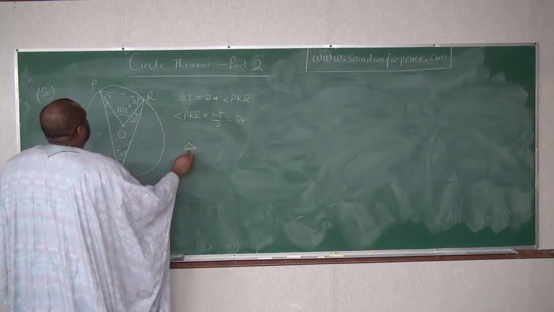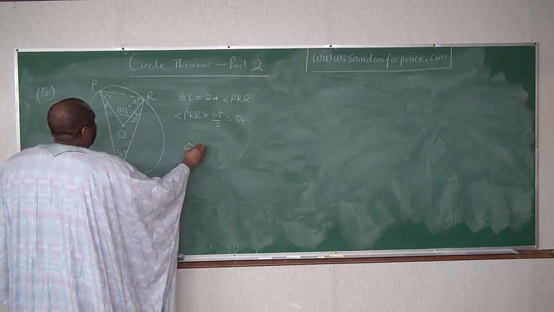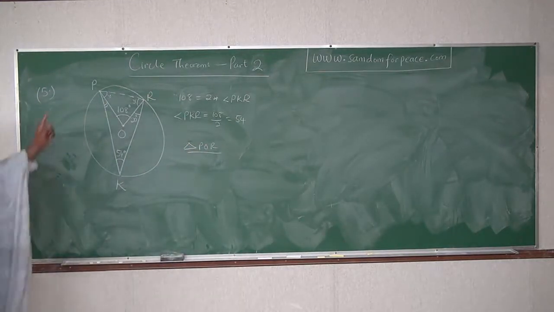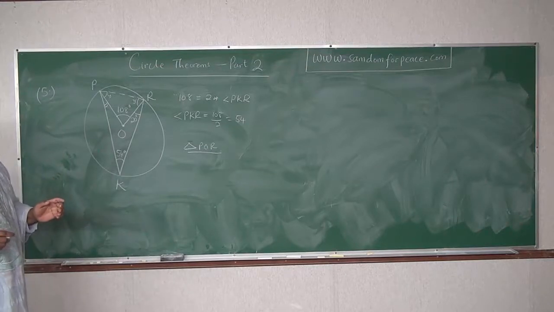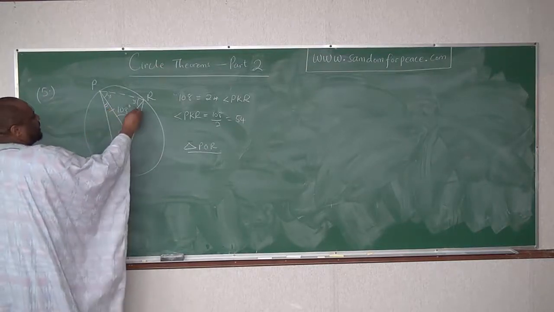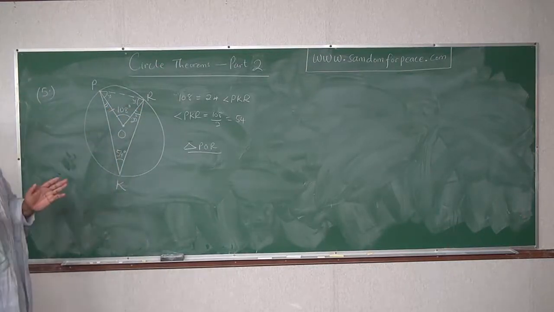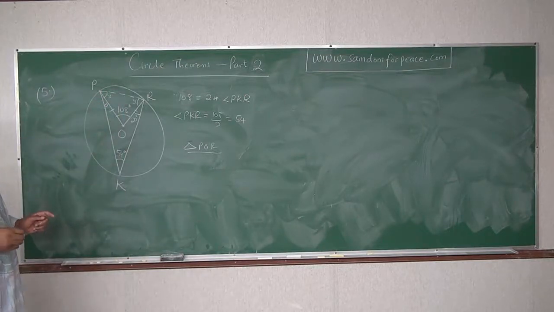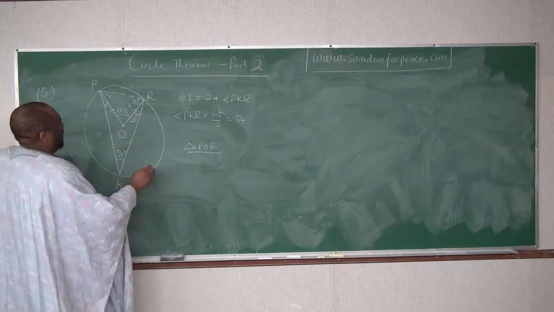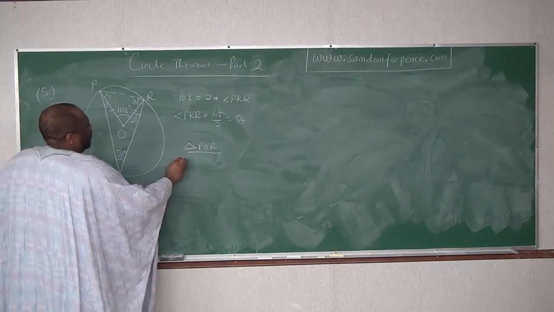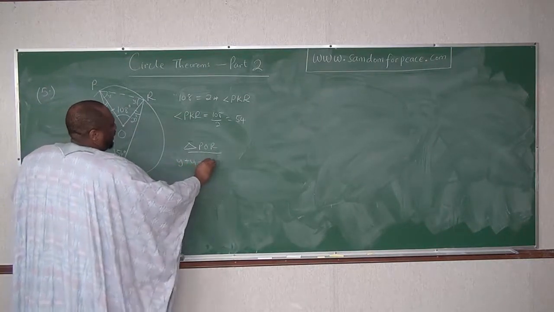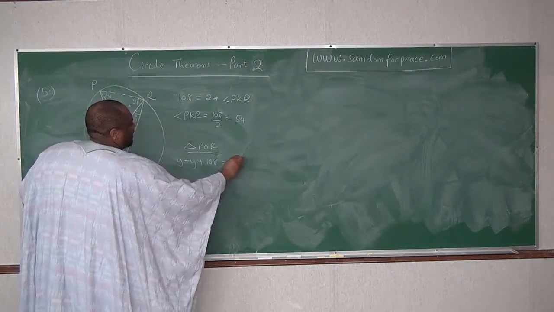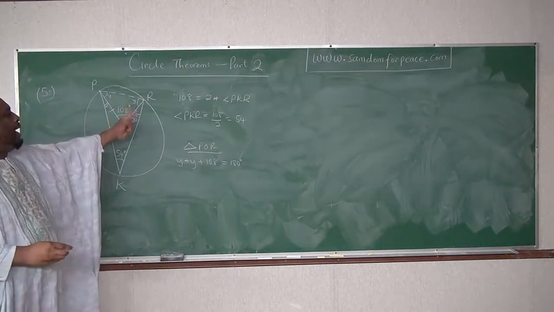Considering triangle POR. Because this is a radius, this is a radius, it's base angles of an isosceles triangle. So this y is equal to y.